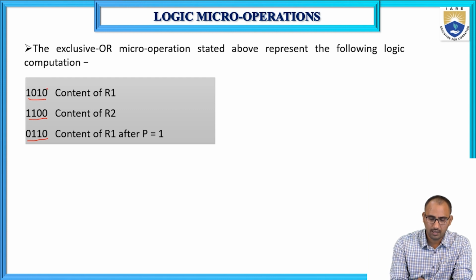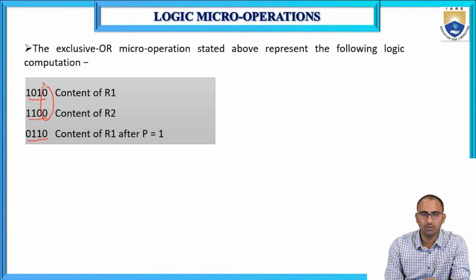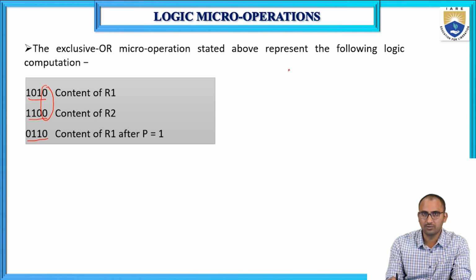Consider the first bits. What is the exclusive OR of 0 and 0? Let's look at the truth table for XOR. Suppose A and B are the inputs.